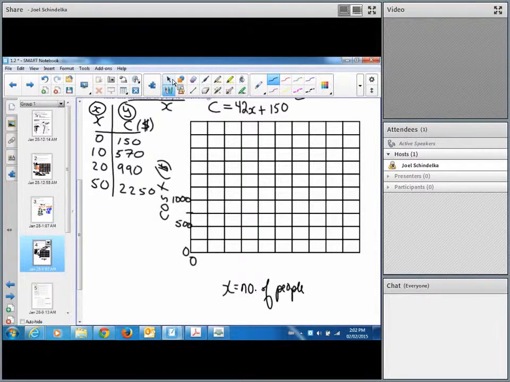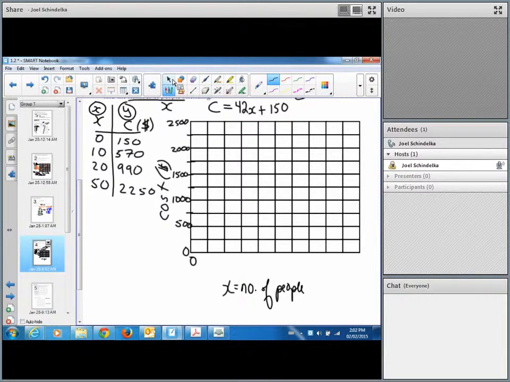1,250, 1,500, 1,750, 2,000, 2,250, 2,500. Okay, it's often trial and error to figure out how it fits.